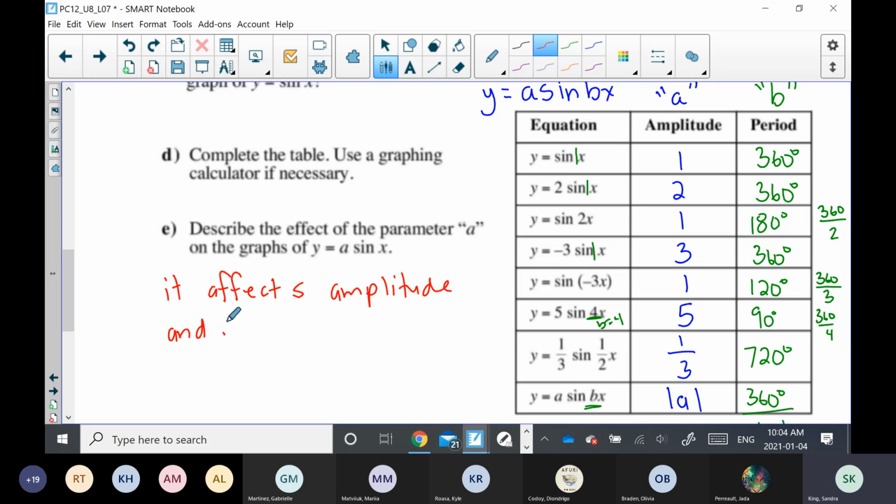And therefore, and this is important if you're making a study guide, the A value affects the amplitude, which will affect the range, right?